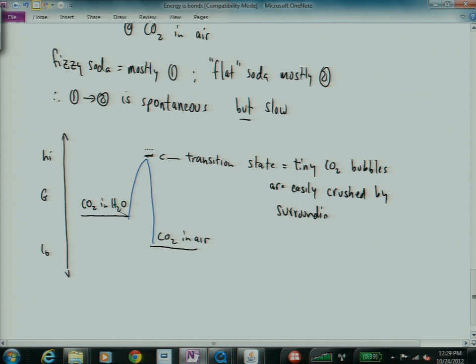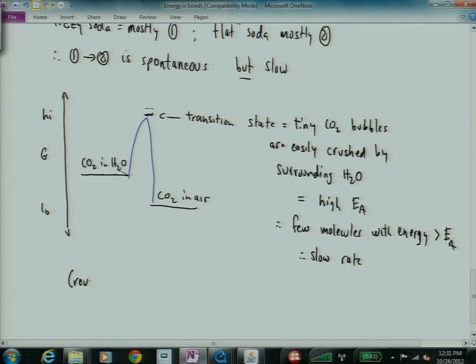There's a couple of notes about this. This is a reversible process. That is, you can put fizz in soda, but it requires energy input, that is pressure. You've got to squeeze it in.